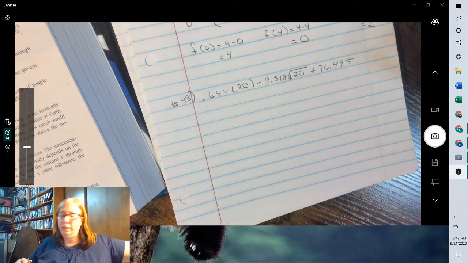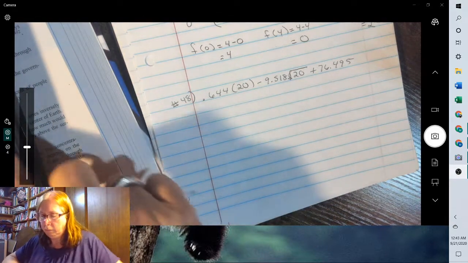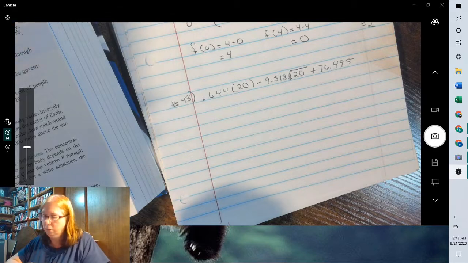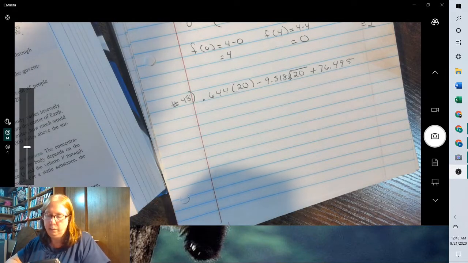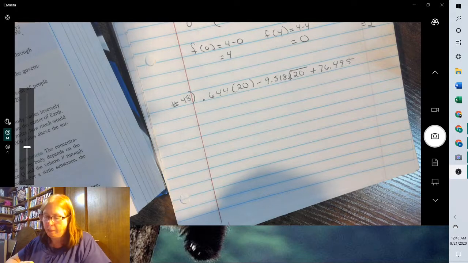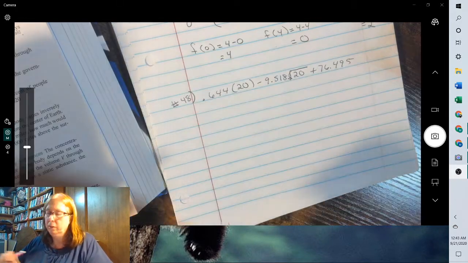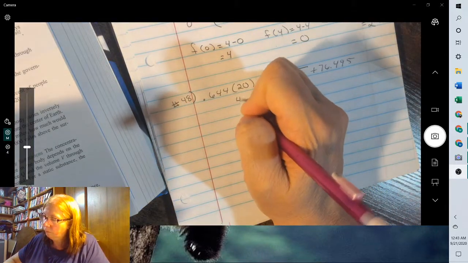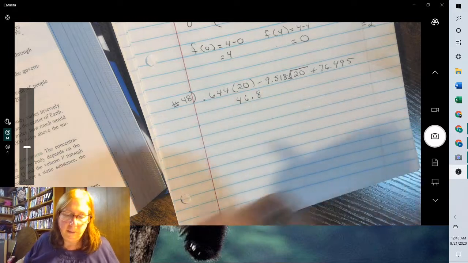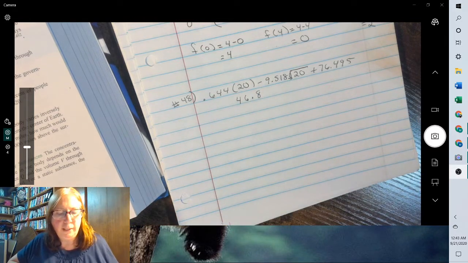We need to plug that in. 0.644 times 20 minus 9.518 times the square root of 20 plus 76.495. Rounding to one decimal place, we get 46.8.